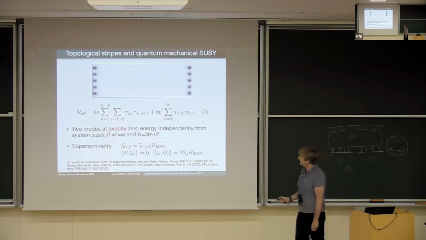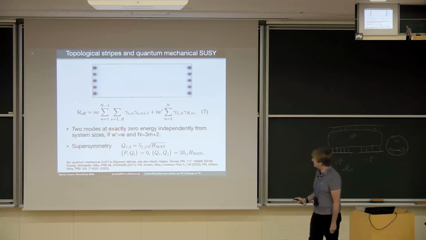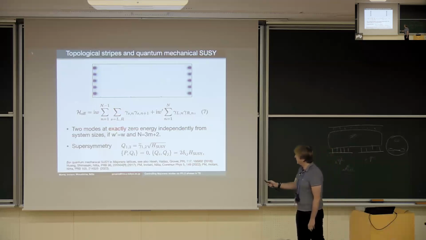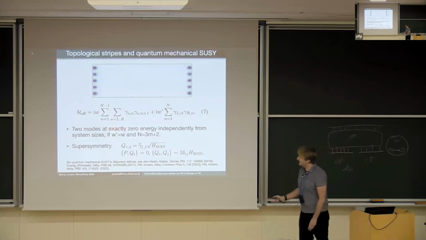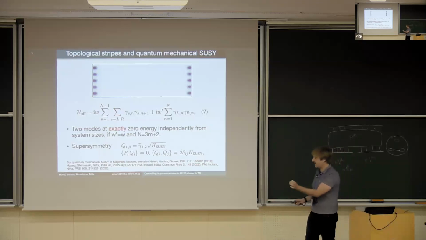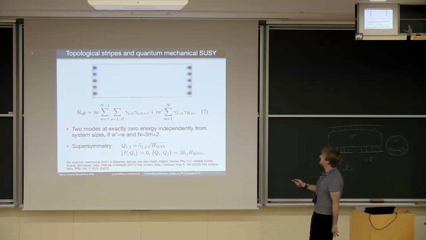And we can show that in some conditions, if you tune, for example, W equal to W prime, and the number of Majorana operators on one side is equal to 3m plus 2, and there are actually other finely tuned cases, but in this case, you have exactly one Majorana. The Majorana modes hybridize, and you have a low energy eigenspace, and there's one mode which has exactly 0 energy independently of the size of the system.